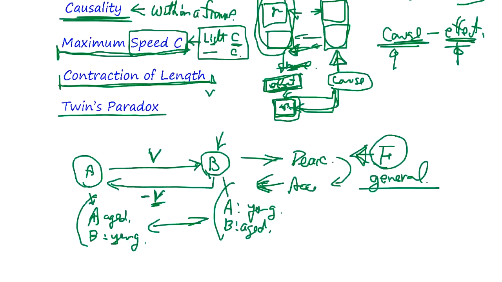So B thinks he has aged, but because the clock slowed down, it catches up. So B is now younger and A has aged more than B when he comes back to Earth.